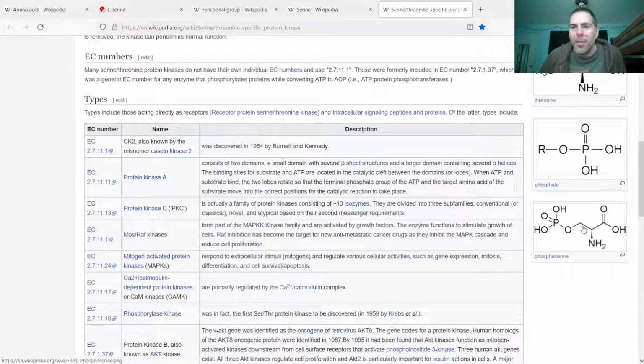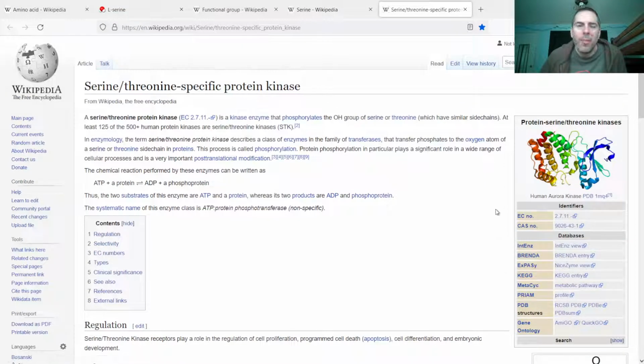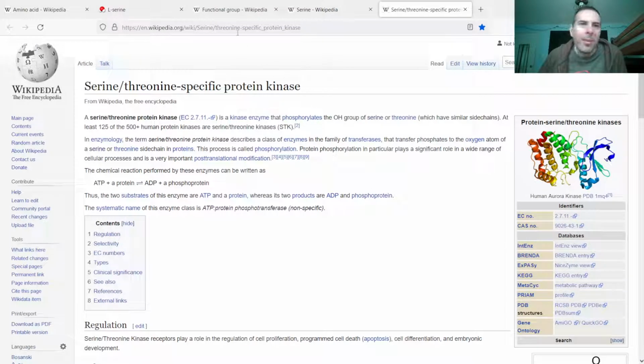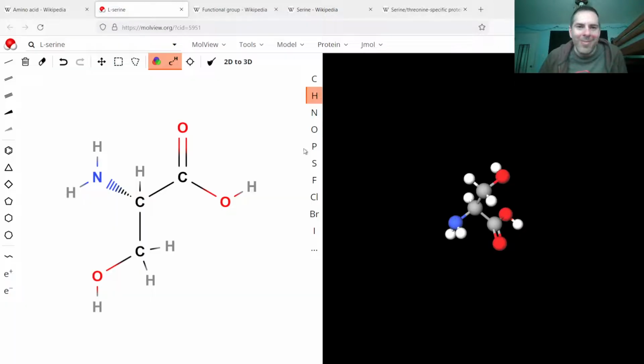You have serine here on the right, and you have the hydroxyl group here, and through a dehydration reaction, you've attached the phosphate to it. So if you have a protein that needs to get phosphorylated, having a serine amino acid at the right spot is a good way to do it.